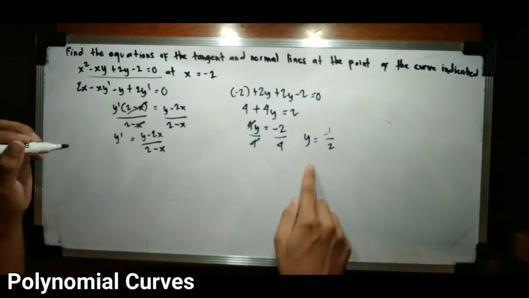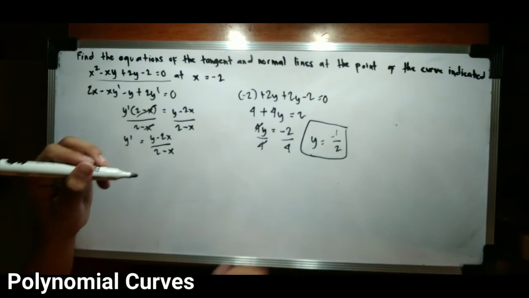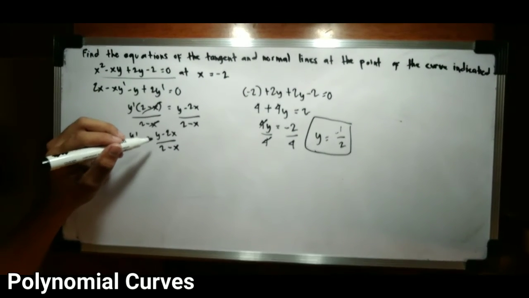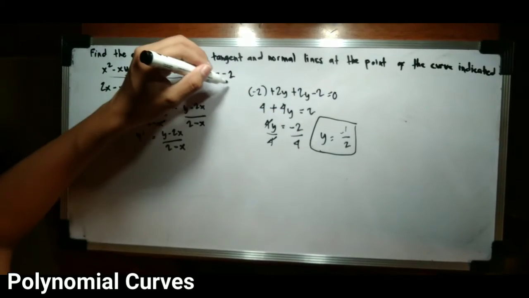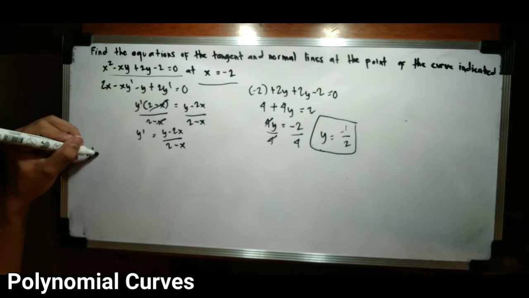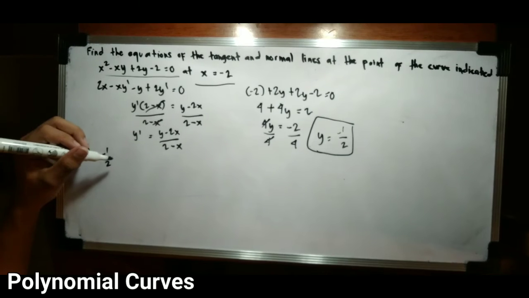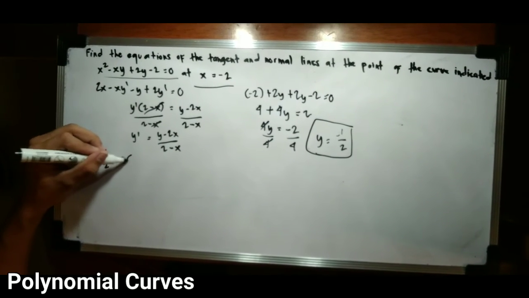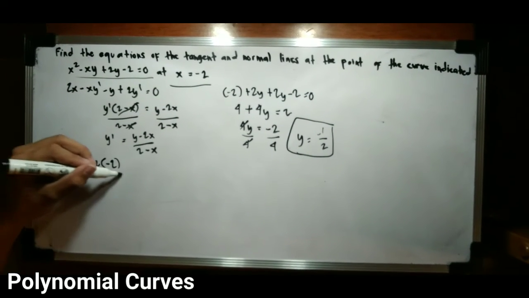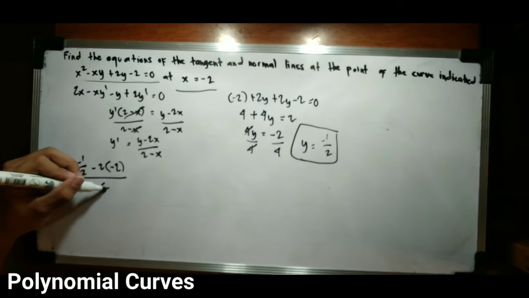So now we have our x value and our y value. Then we will plug in our value of y and the value of x. So we'll have y prime equal to negative 1 half minus 2 times negative 2, all over 2 minus negative 2.